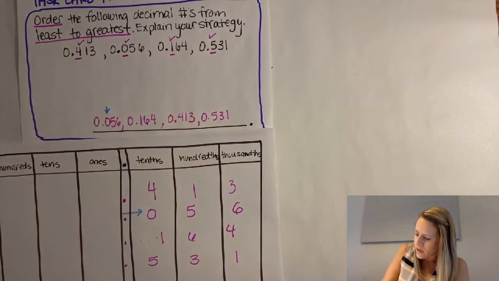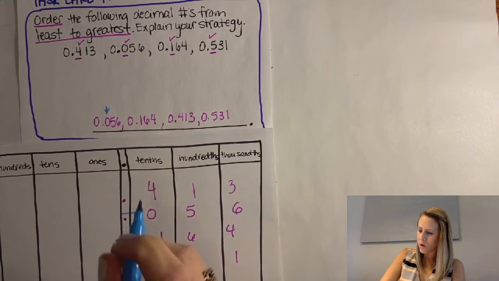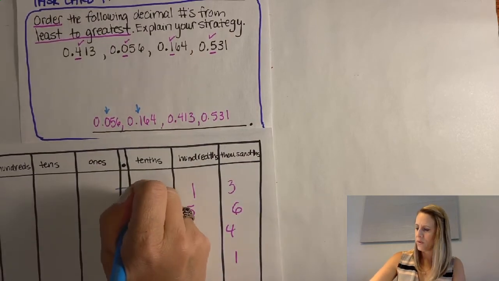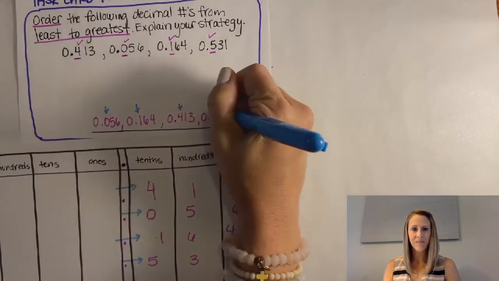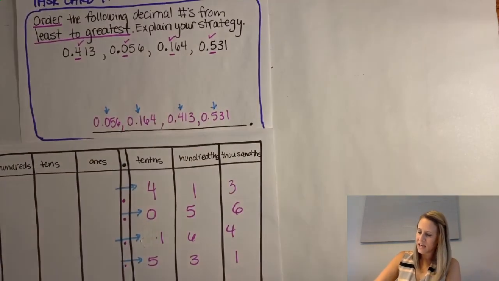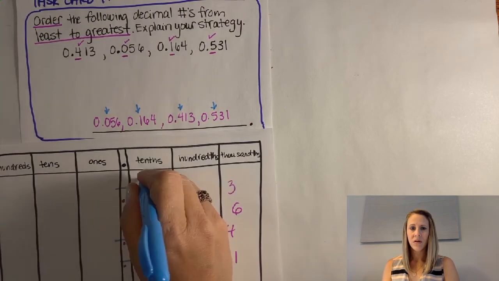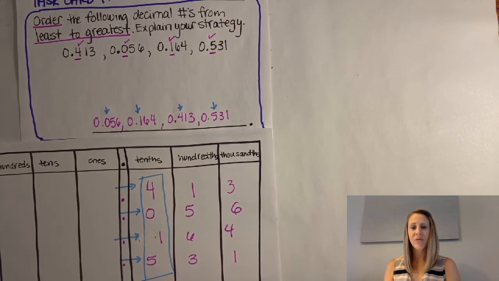Then the 1 would be second, the 4 would be third, and the 5 would be last. Okay, so our tenths allowed us to compare which value was the least and put those in order from least to greatest.